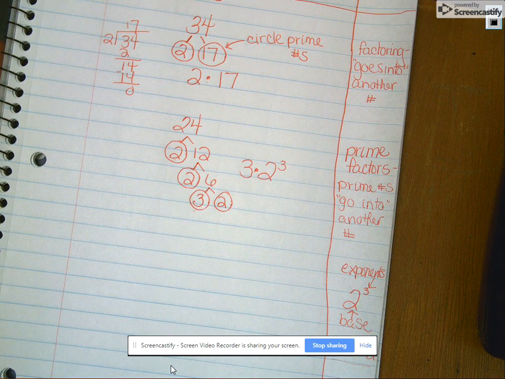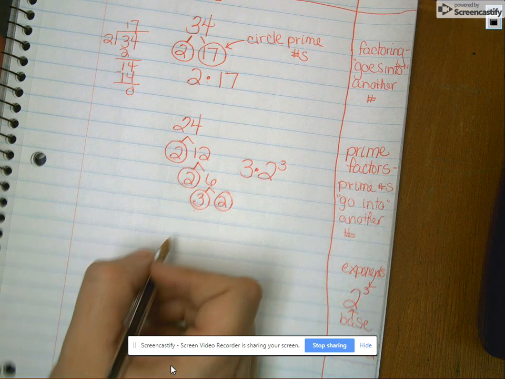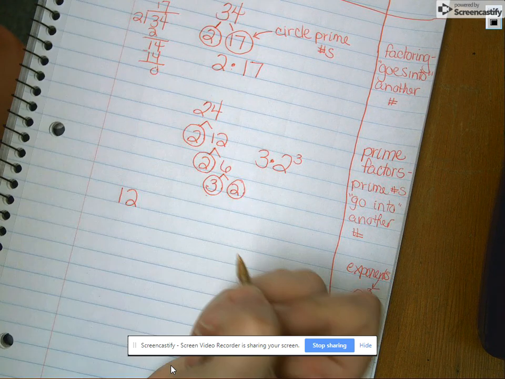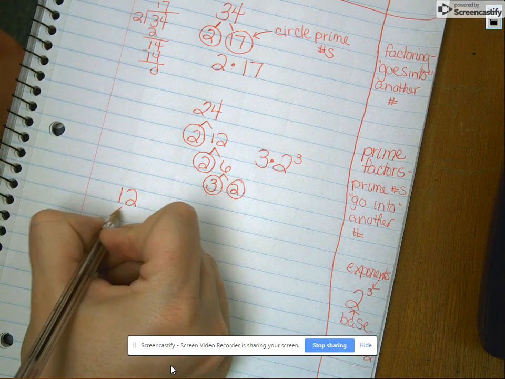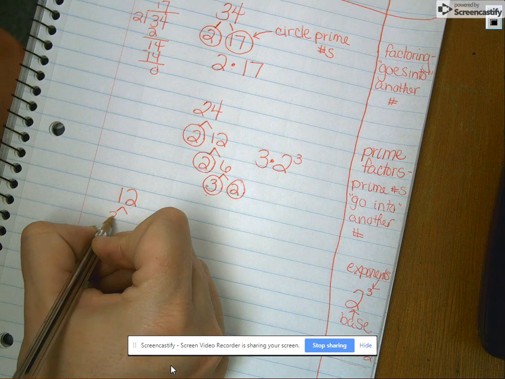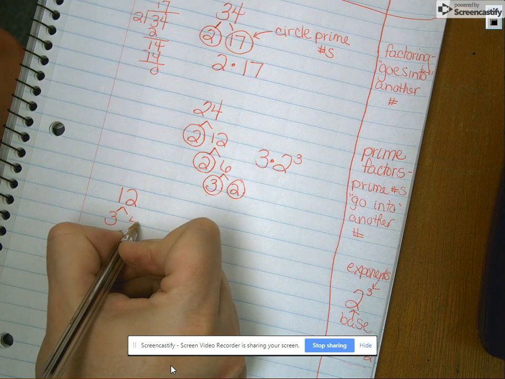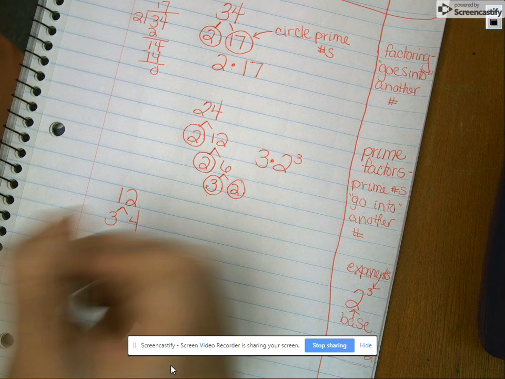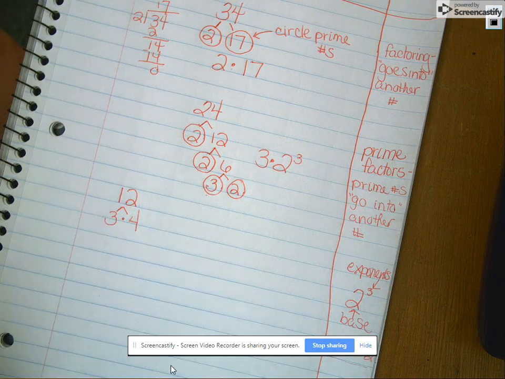Okay, let's do one more. Let's do 12. 3 times 4 equals 12. So I have 3 on one side and 4 on the other. If it helps you to put a little multiplication sign here, then that's fine.